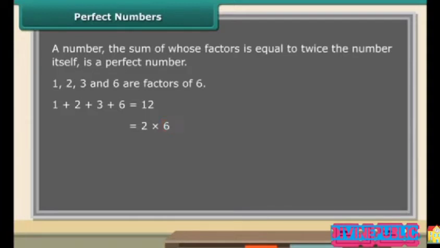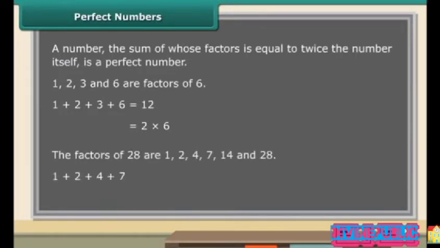This means 6 is a perfect number. Similarly, the factors of 28 are 1, 2, 4, 7, 14 and 28. The sum of the factors is 56, which is the same as 2 times 28. Therefore, 28 is also a perfect number.